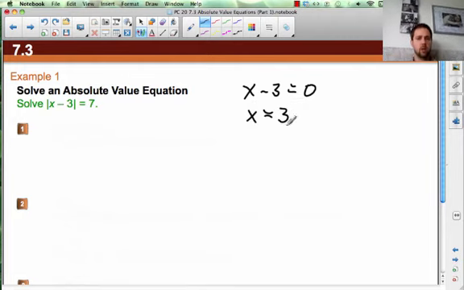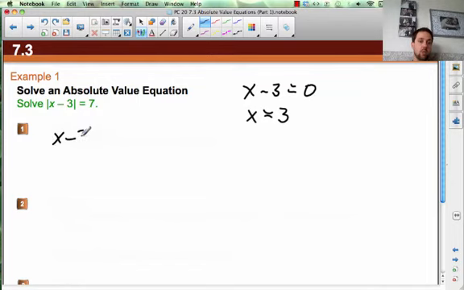So if x is anything bigger than 3, inside this set of brackets is going to be a positive value, and we just use the positive version of this, and then we solve and we get x equals 10.